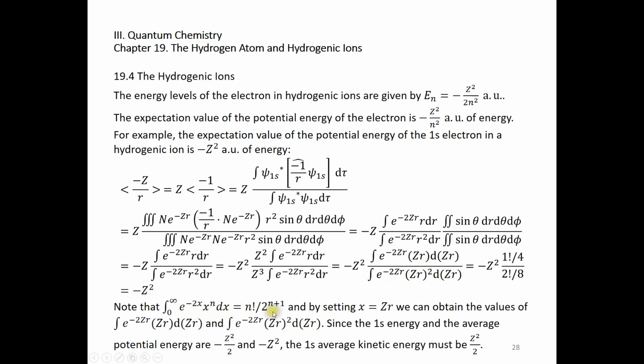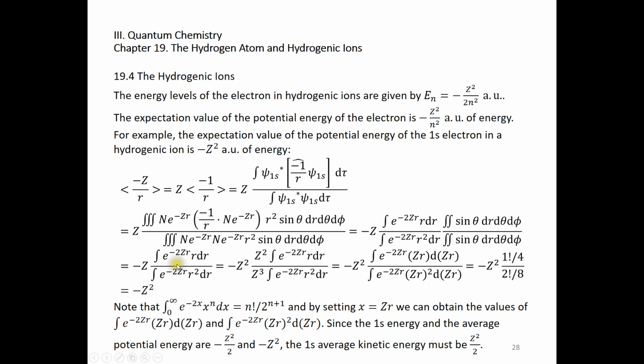And we can hand derive this or get it from Wolfram Alpha. And then we get the expression, negative Z squared times 1 factorial over 2 to the power of 2, divided by 2 factorial over 2 to the power of 3, or it's just negative Z squared.